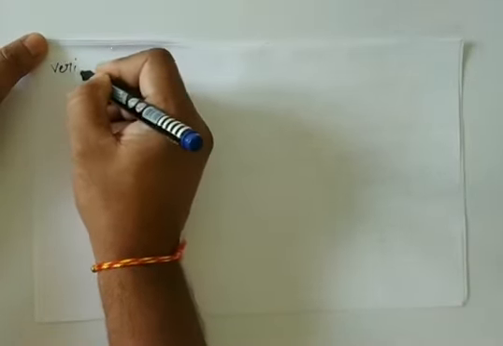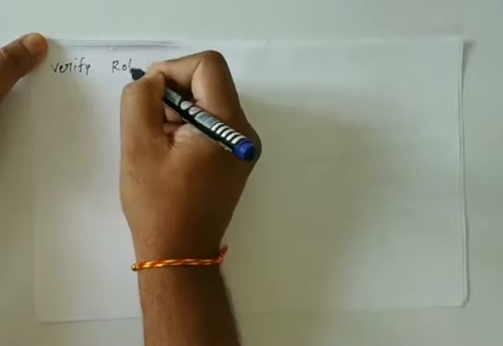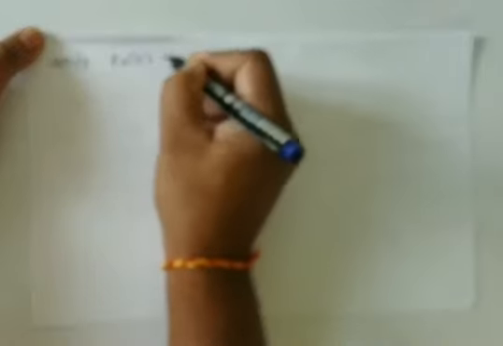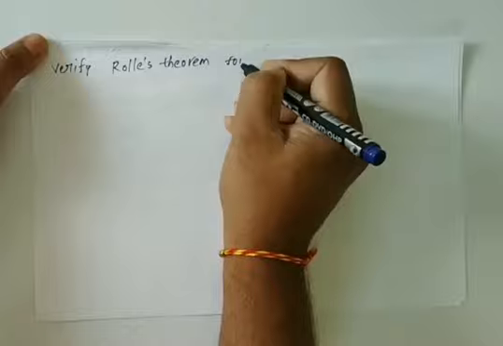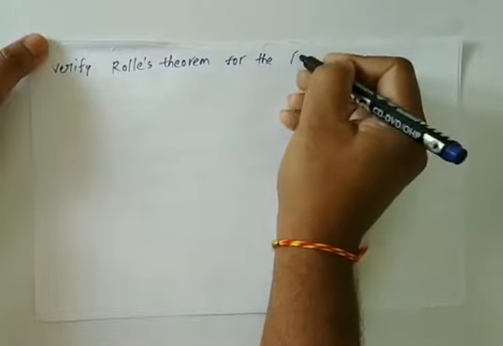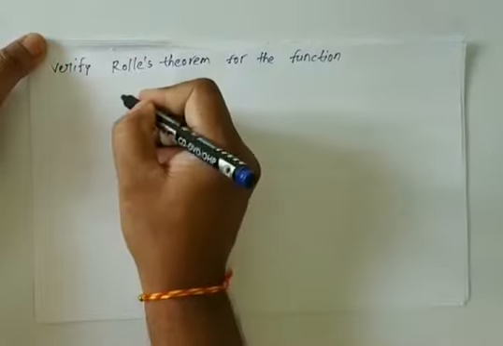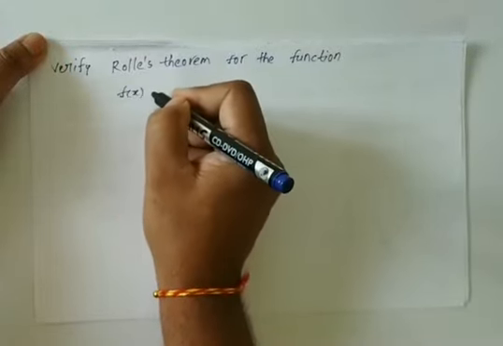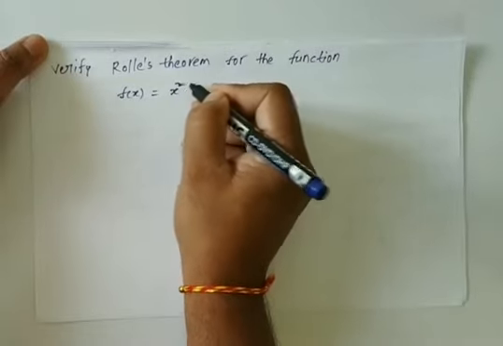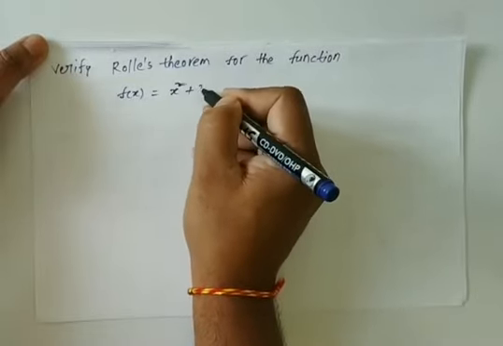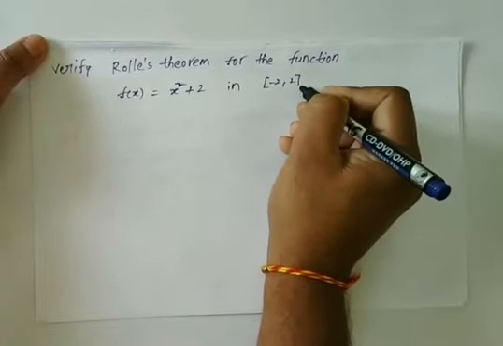Verify Rolle's theorem for the function. Very important, very easy. x square plus 2 in the closed interval minus 2 comma 2.